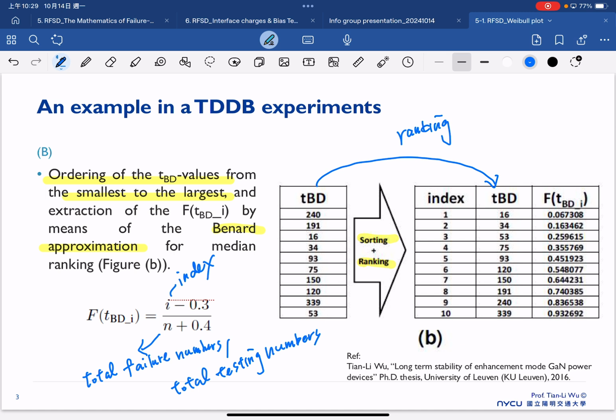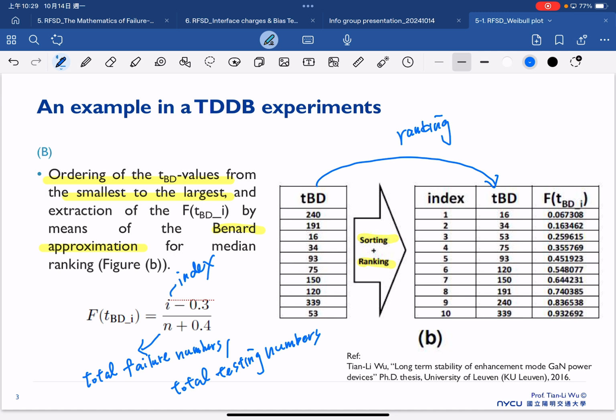So now we can start to hand calculate the CDF. That's why we prefer to use a Bernard approximation, because the original function of the CDF is something that cannot be precisely calculated by a human being. You need a certain mathematical tool. But with a Bernard approximation, we can easily calculate by ourselves.